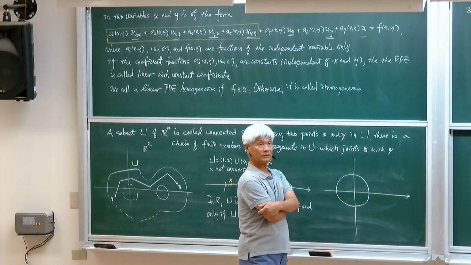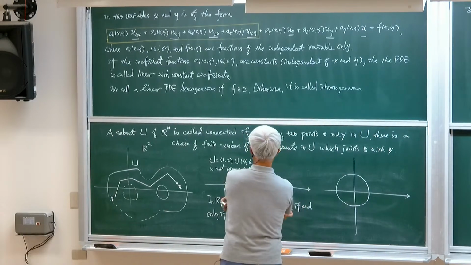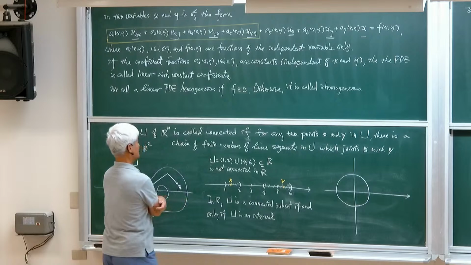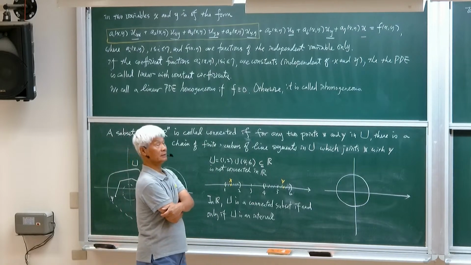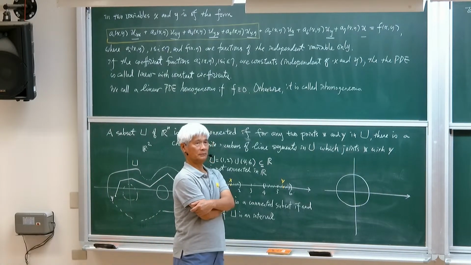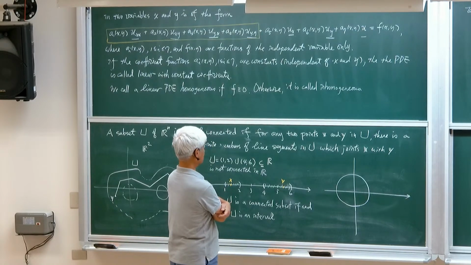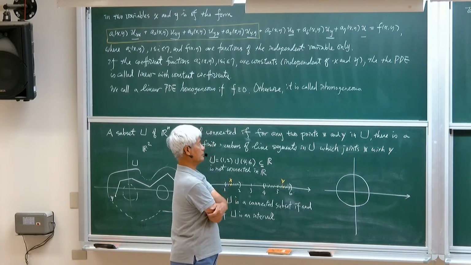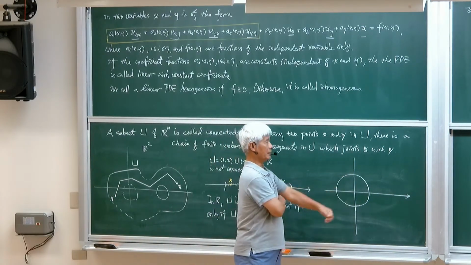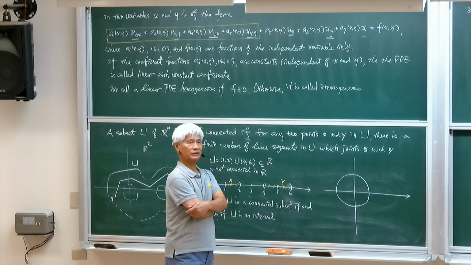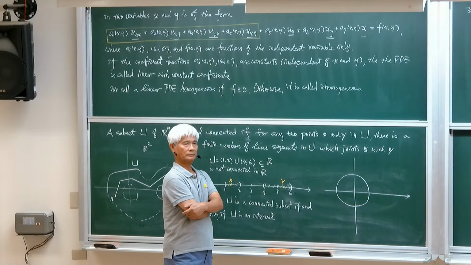The circle should be connected, but how can I set it? Even in a circle, you can't construct any line segment there.